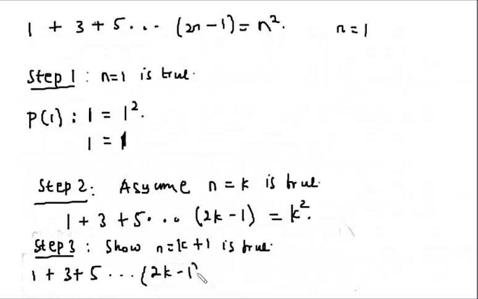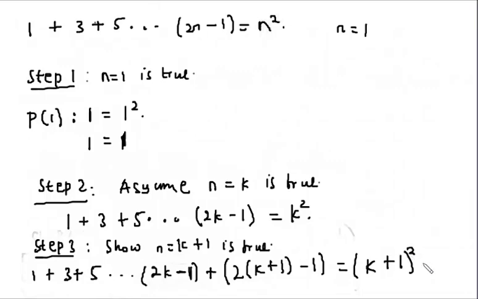So for the next term after 2k minus 1, that will be plus, because the sequence has a plus here. So that will be plus (2(k+1) minus 1). And then this is equal to, we are simply going to plug in our k+1 directly into n squared. So this is (k+1) squared.